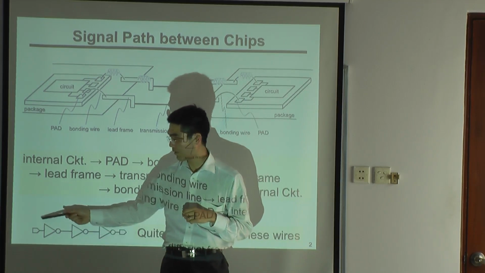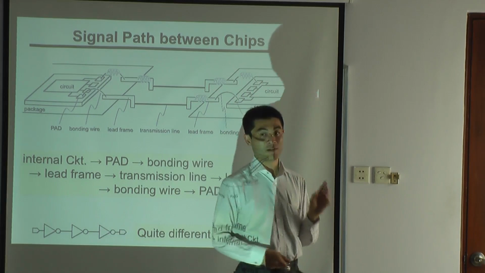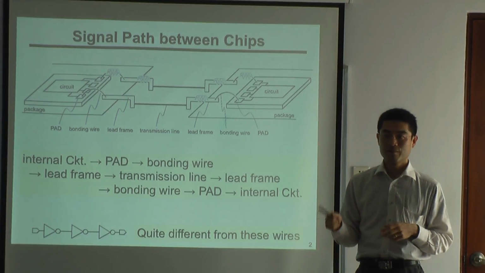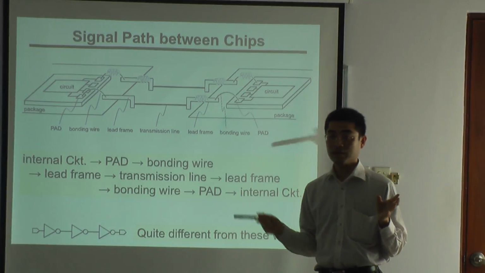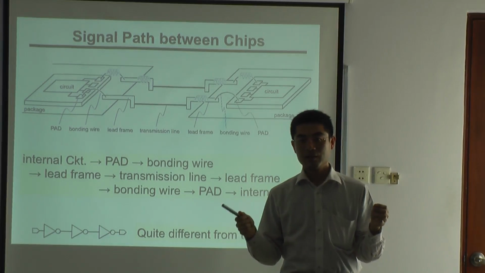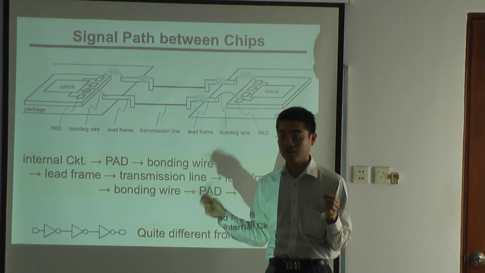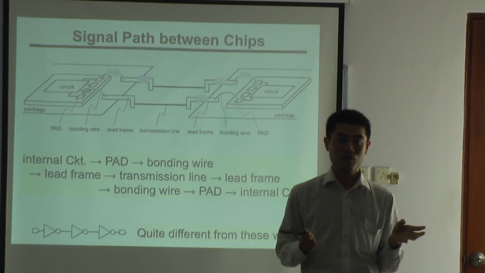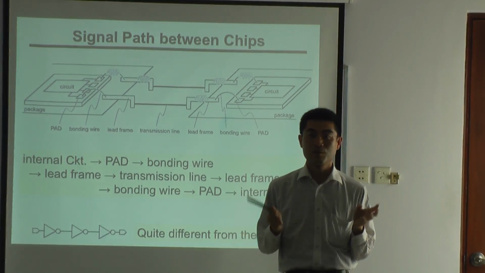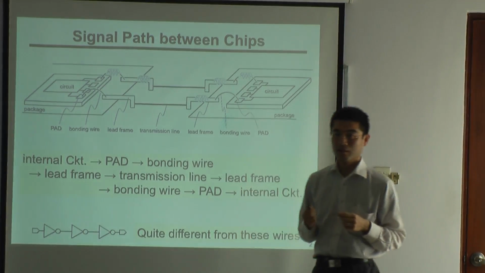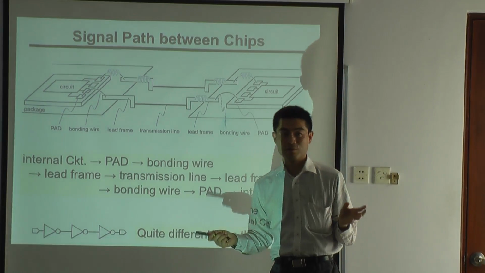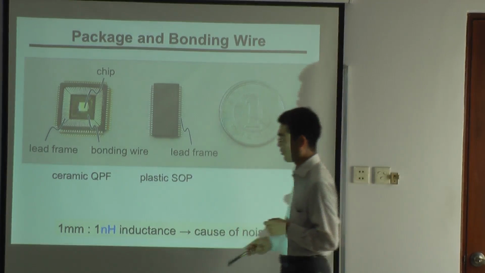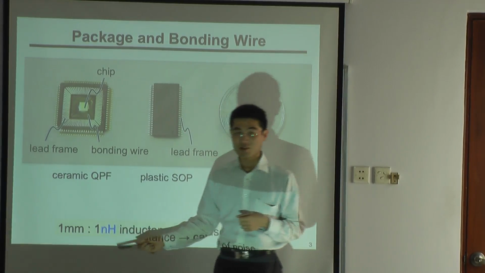But if you put 1 nanohenry inductance on the power supply and simulate it, the power supply will bounce. For example, let's say VDD is 1 volt, and once you put 1 nanohenry inductance, you will have 0.1 volt or 0.2 volt noise on the power supply line, which will cause errors in the chip operations. So we don't want to have this large inductance.